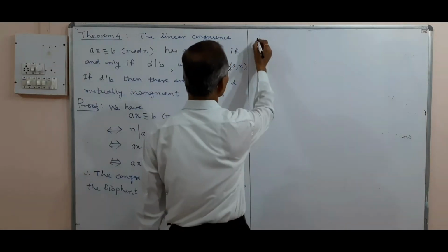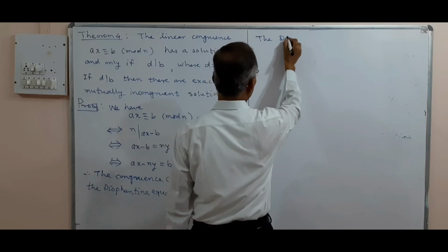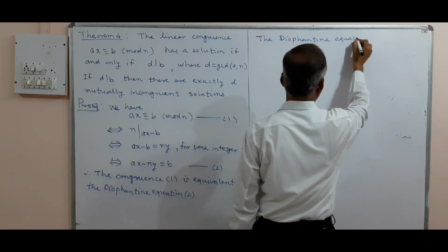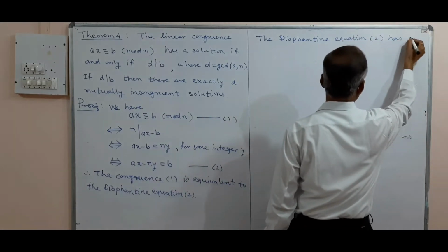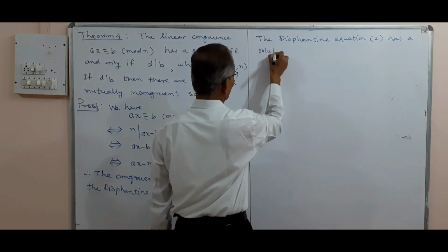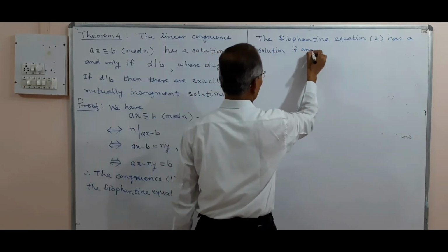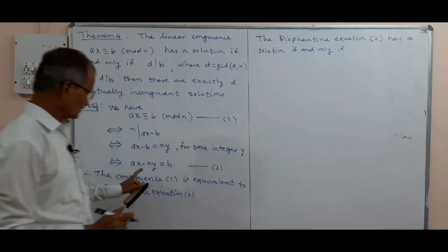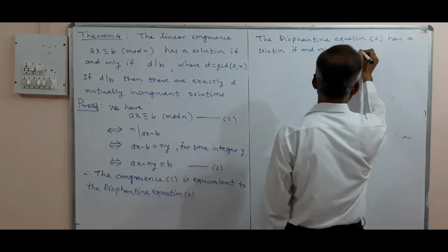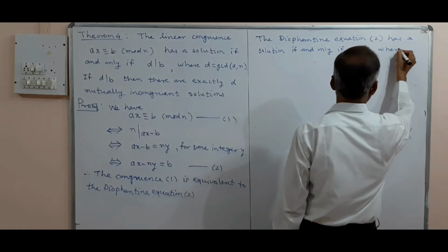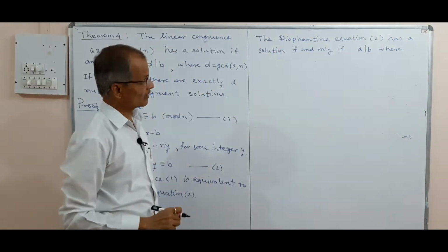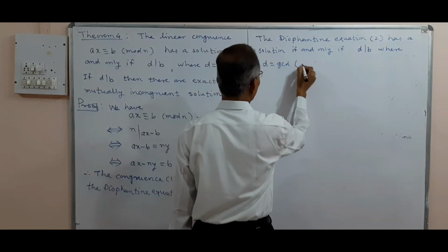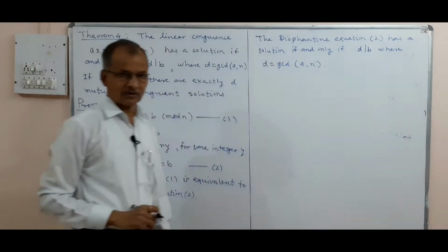The Diophantine equation 2 has a solution if and only if D divides B, where D is equal to GCD of A and N. You should refer to the theorem on Diophantine equations.